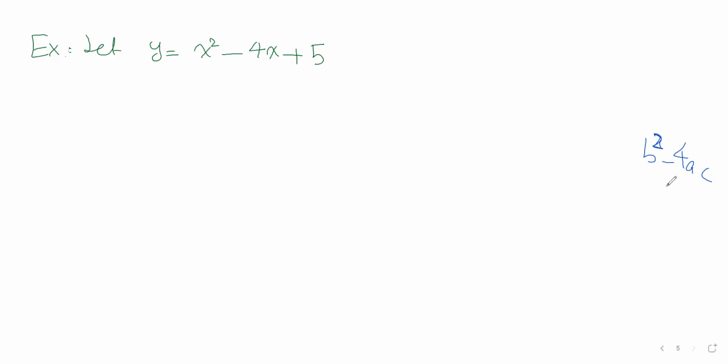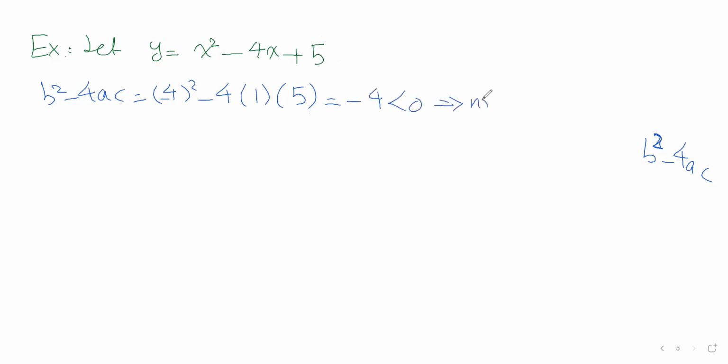That's called the discriminant. You can use the discriminant, b squared minus 4ac, here, which is negative 4 squared minus 4, a is 1, c is 5, and this is simply 16 minus 20, right? 16 minus 20 is -4, which is negative. This means no real roots.